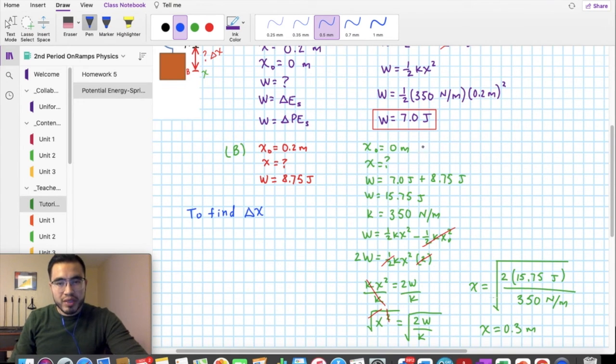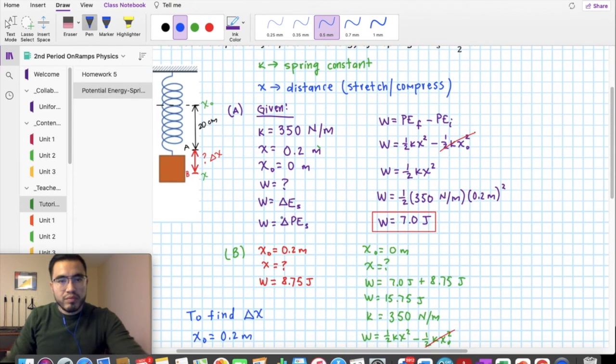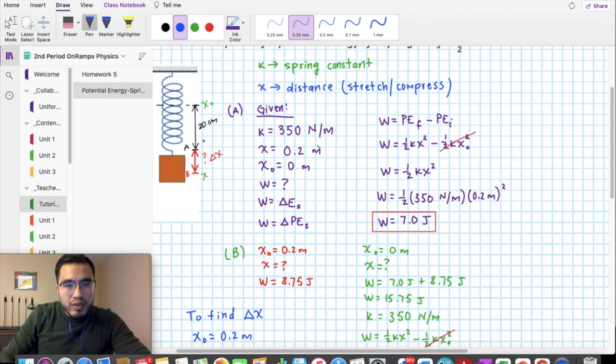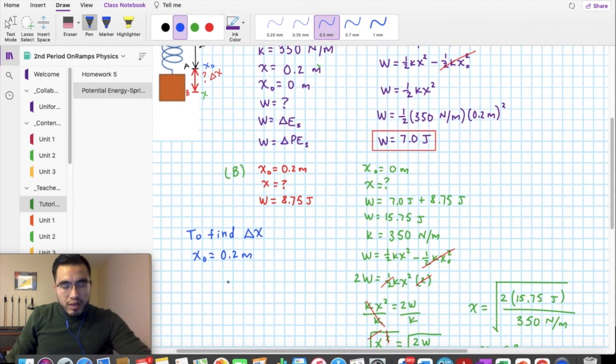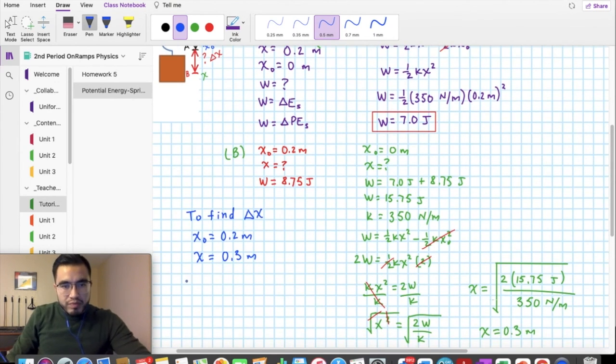But just for the simplicity of mathematics, I got the final distance. And to find delta x, I need x naught to be 0.2 meters. So I'm going to use this blue x naught. And my final x is 0.3 meters.